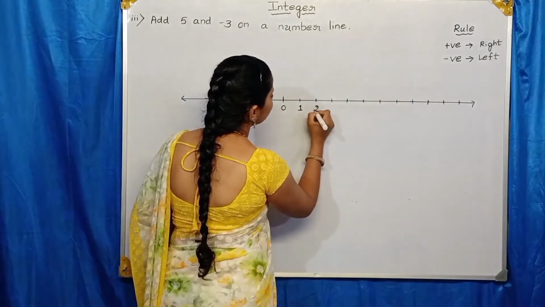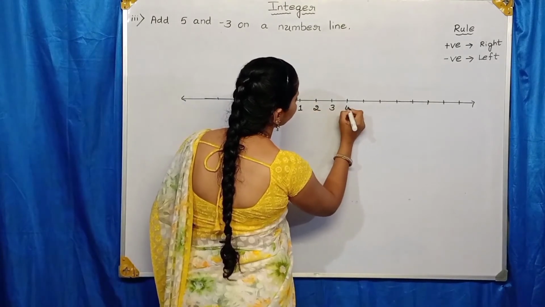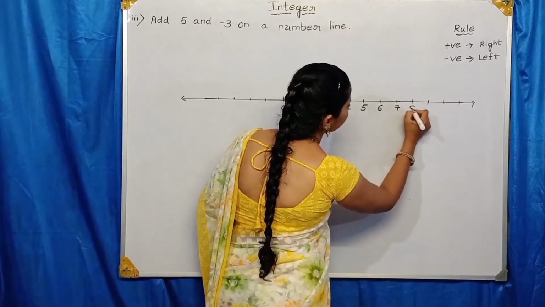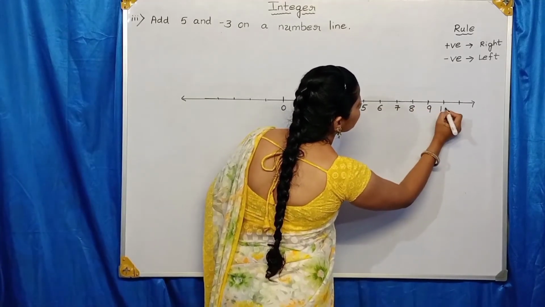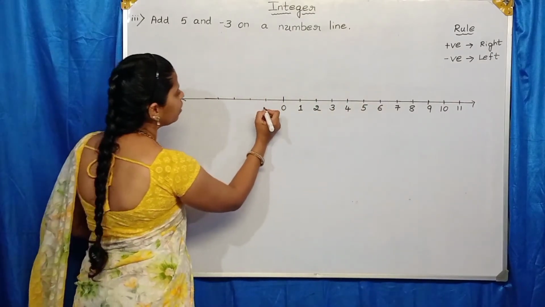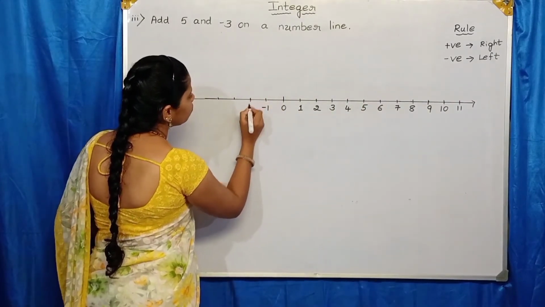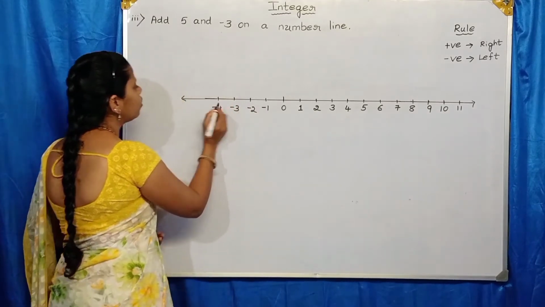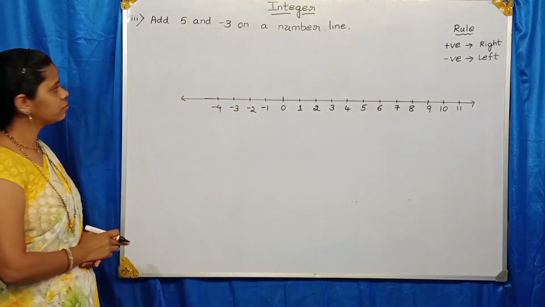Plus 1, plus 2, plus 3, plus 4, plus 5, plus 6, plus 7, plus 8, plus 9, plus 10 and plus 11 and so on. And this side minus 1, minus 2, minus 3, minus 4 and so on.